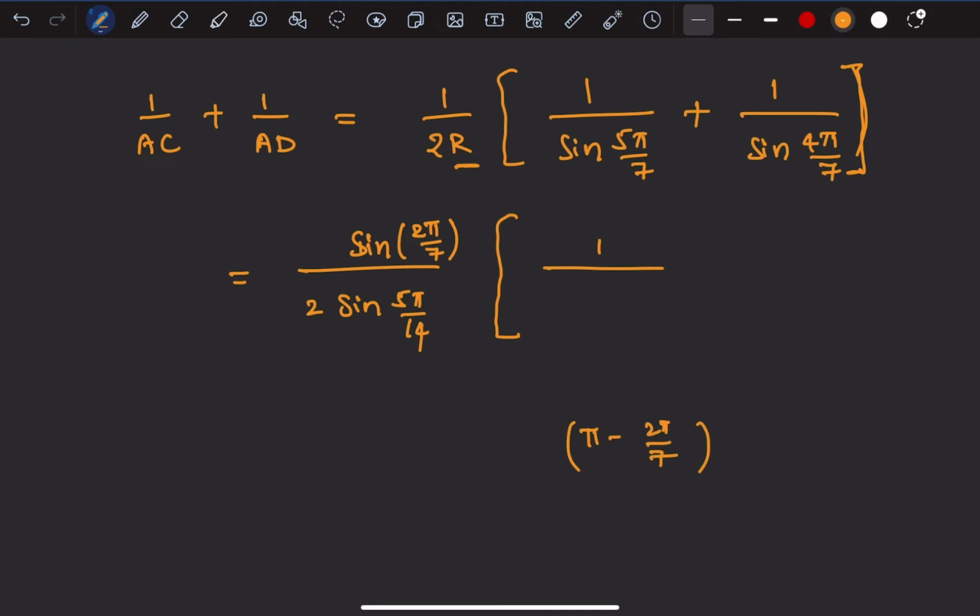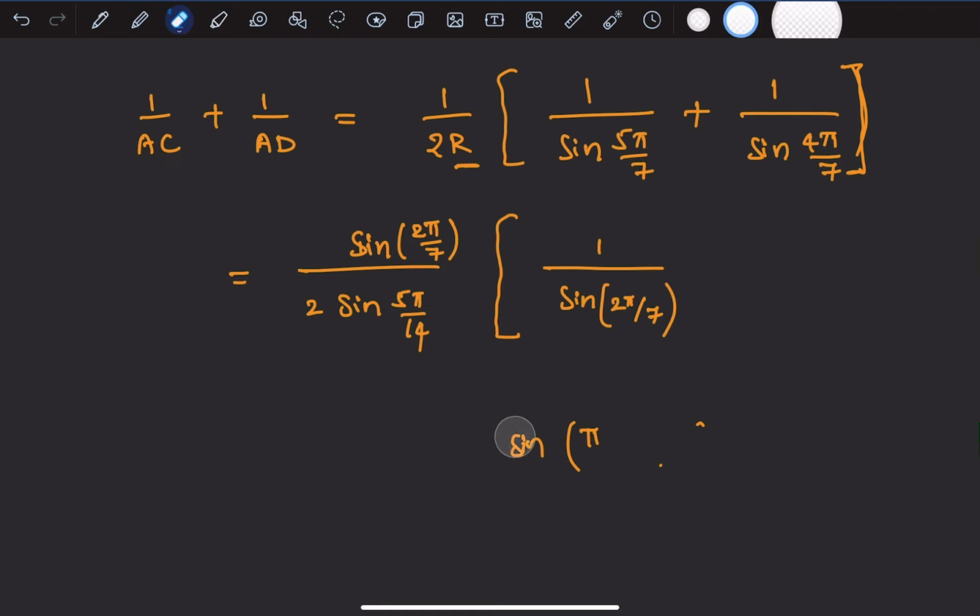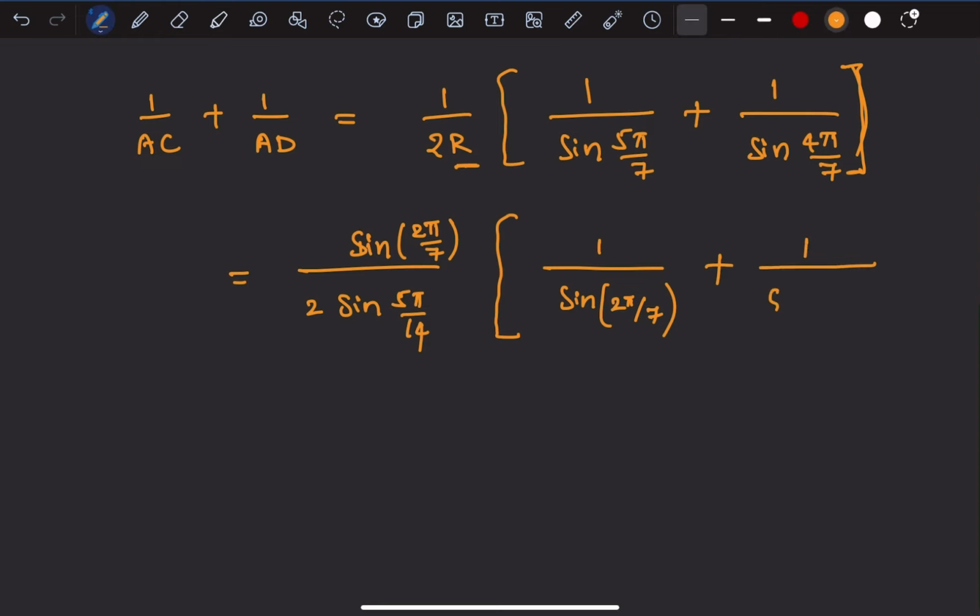So that will give you sine 2 pi by 7 here. So this is sine 2 pi by 7. Similarly, sine 4 pi by 7 can be written as sine of pi minus 3 pi by 7. That will give you sine 3 pi by 7.